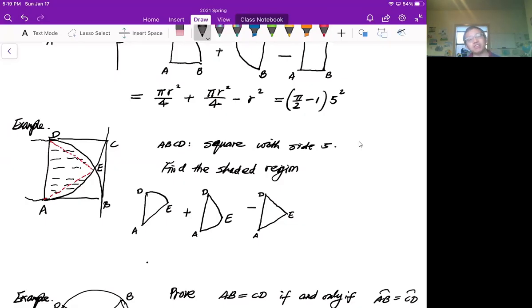Oh, by the way, why is this an equilateral triangle? This is just how we construct the picture here. You use a circle, and the two circles intersect with each other. The two circles have the same radius, so ADE is an equilateral triangle.